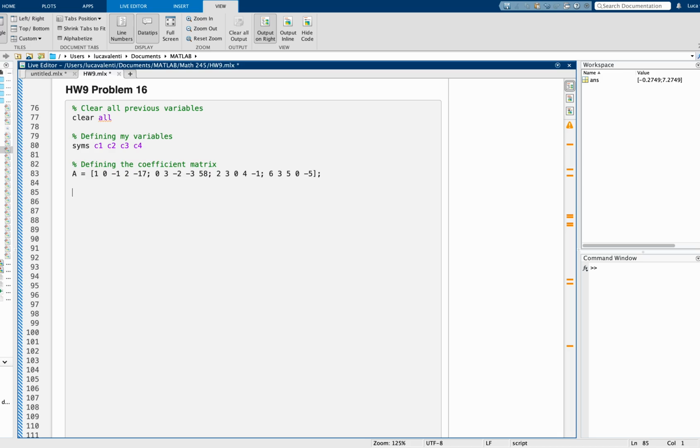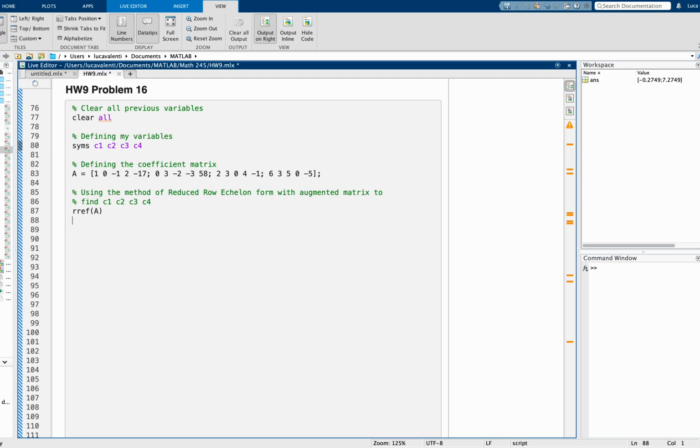And now I want to solve with RREF. What RREF stands for is reduced row echelon form. So we're using the method of reduced row echelon form with the augmented matrix to find C1, C2, C3, C4.